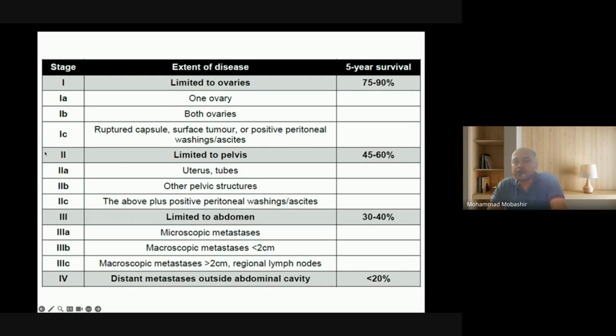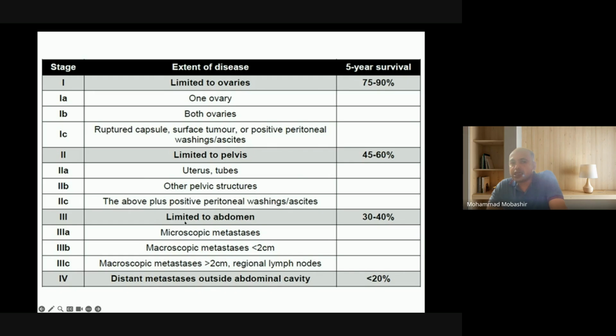But when you go to stage 2, which has again four subclasses: limited to pelvis, uterus, tubes, and other pelvic structures, the above plus positive peritoneal washings and ascites. And the 5 year survival rate is for 45 to 60% of the patients. Now, again, you can go to stage 3, 3A, 3B, and 3C.